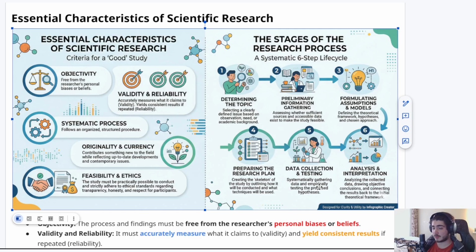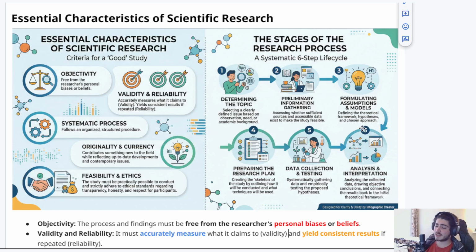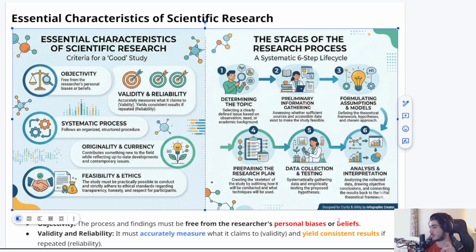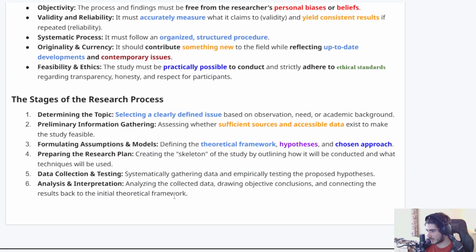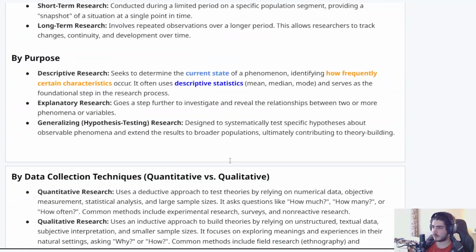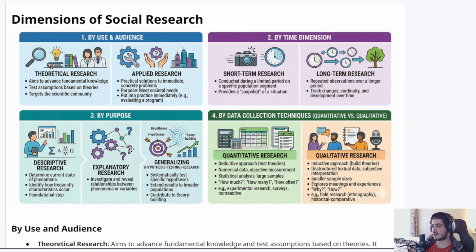Yeah, empirical. It's an important keyword as well. And then at number six, you analyze the data that you've collected and you interpret what it means. And you connect the results back to the initial theoretical framework. I think that's it.